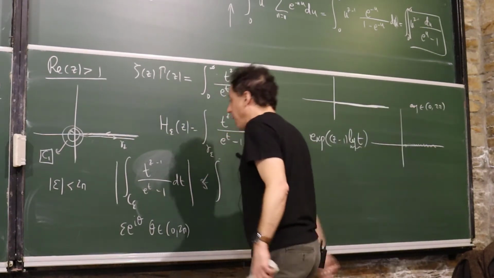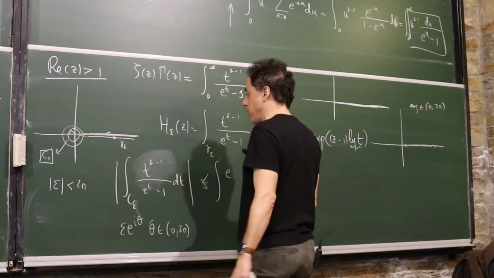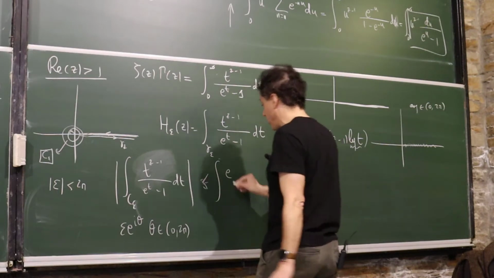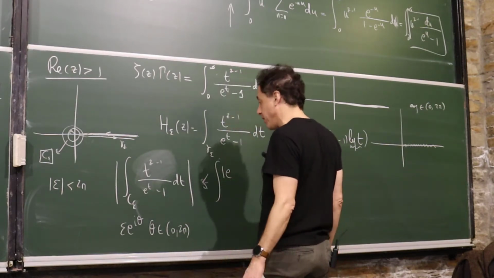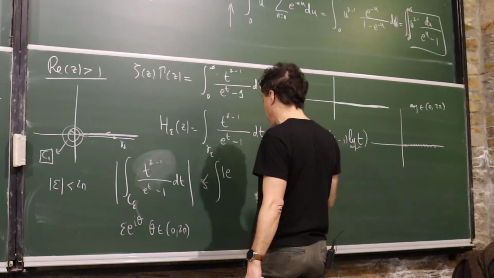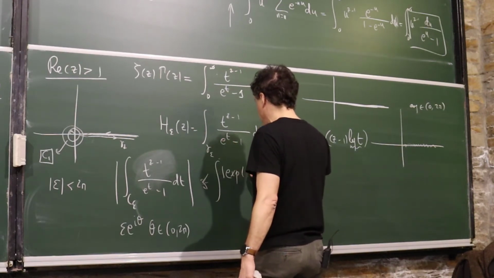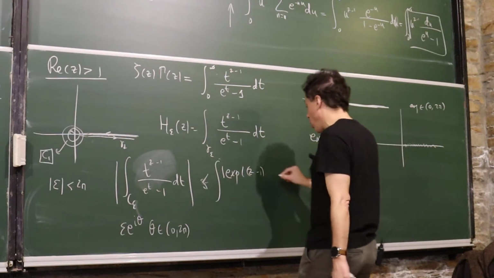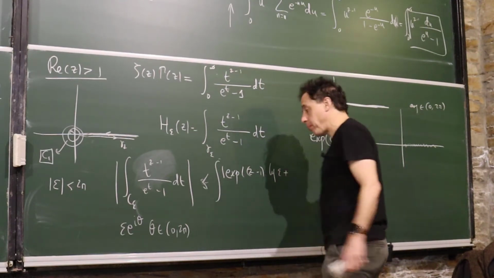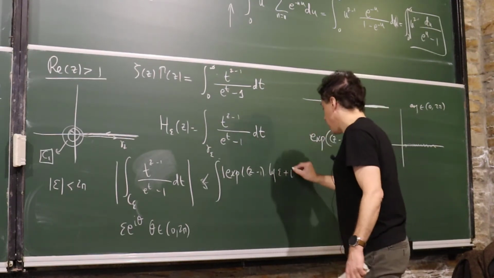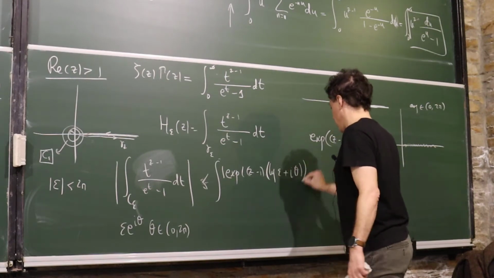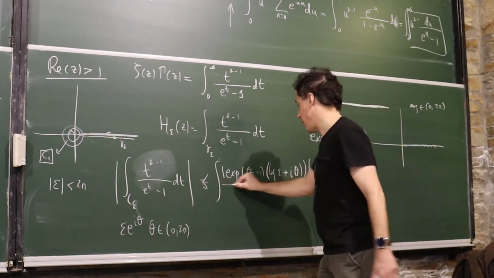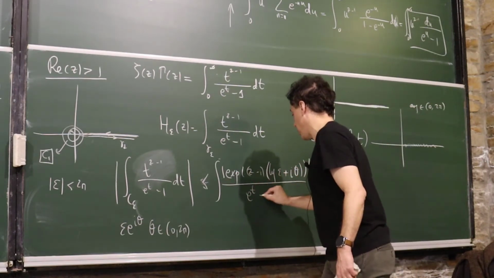Okay, so we have here, we can bound by e to the z minus 1 log of t. Let's write it like this, the modulus of the exponential of z minus 1 log of t, which would be log of epsilon plus i theta, something like this, and here must be the modulus of e to the i theta minus 1, e to the t minus 1.